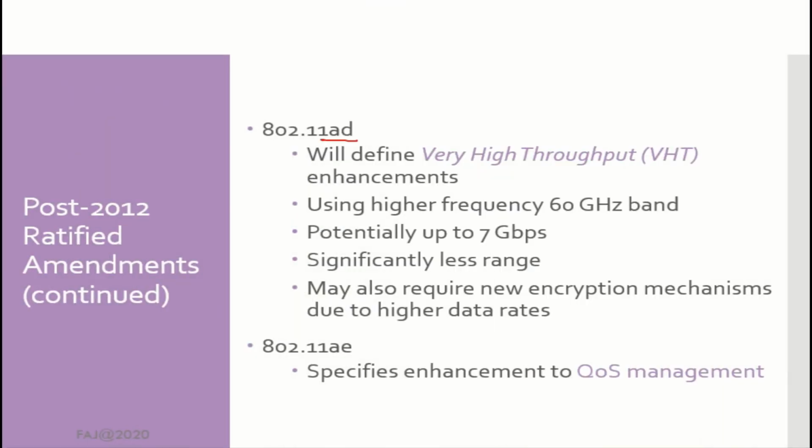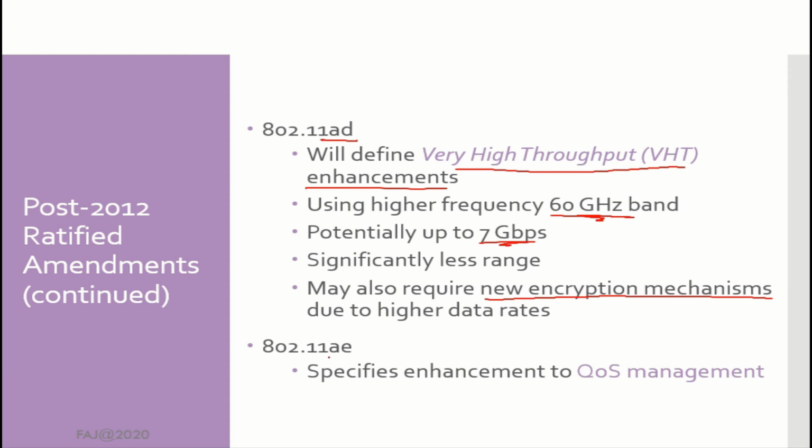Next, AD. It defines very high throughput VHT enhancement using the higher frequency 60 GHz band, potentially up to 7 gigabit per second. Significantly less range, and it may also require a new encryption mechanism due to higher data rates.